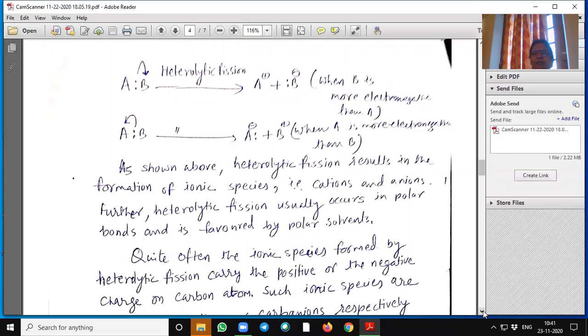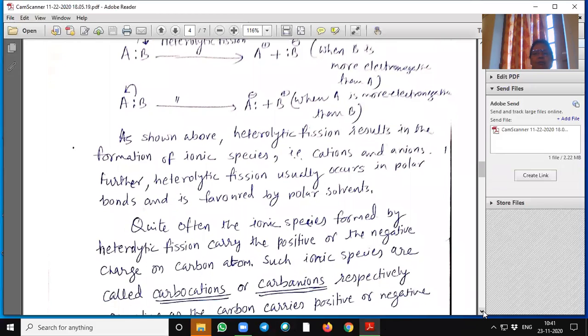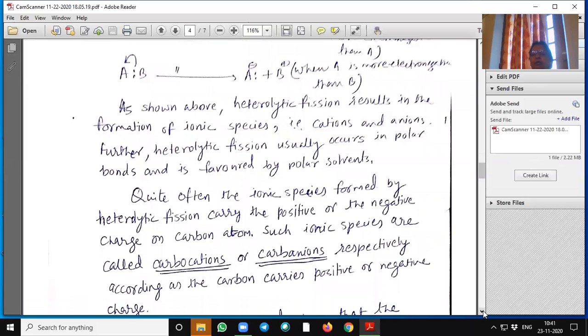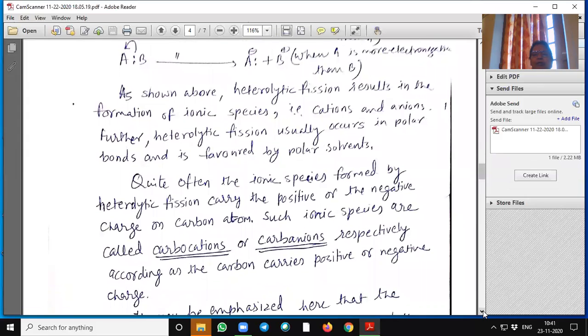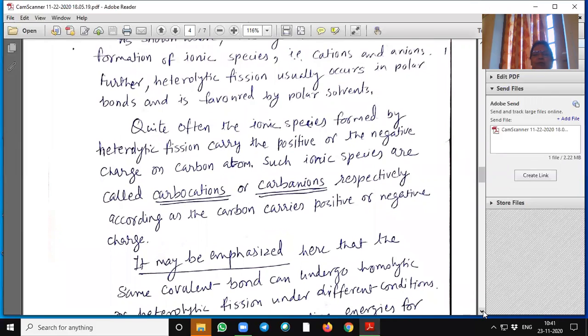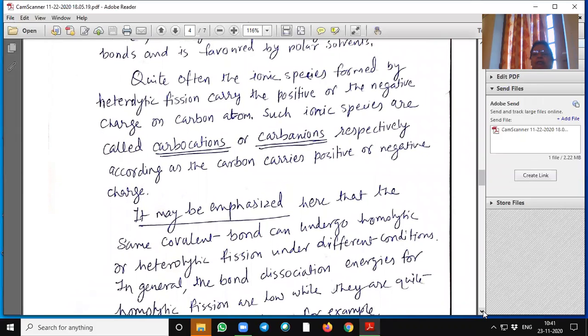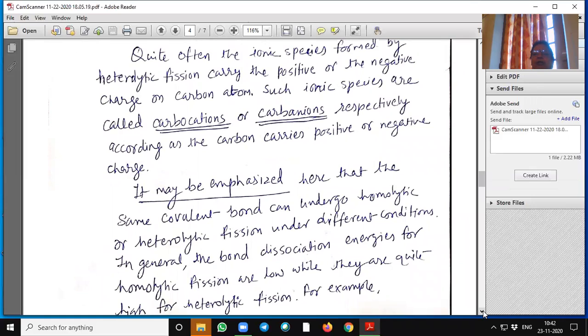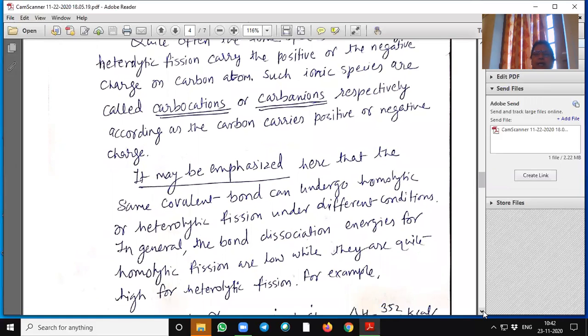Further, heterolytic fission usually occurs in polar bonds and is favored by polar solvents. Quite often, the ionic species formed by heterolytic fission carry the positive or negative charge on a carbon atom. Such ionic species are called carbocations or carbanions, respectively, according as the carbon carries positive or negative charge.